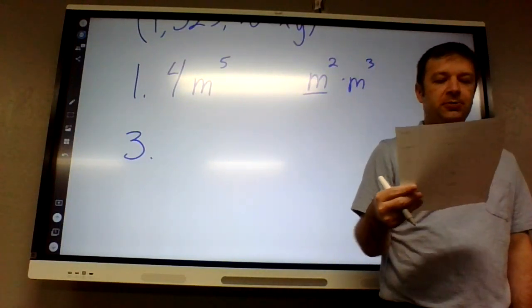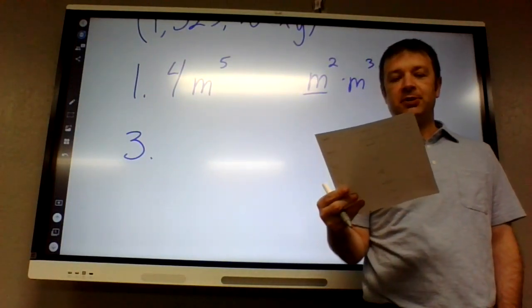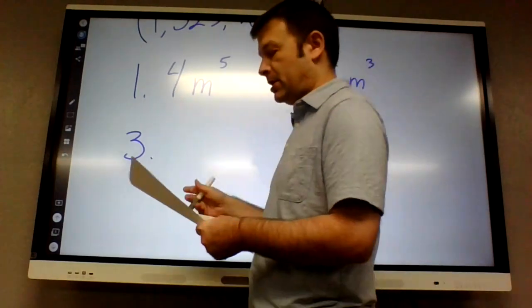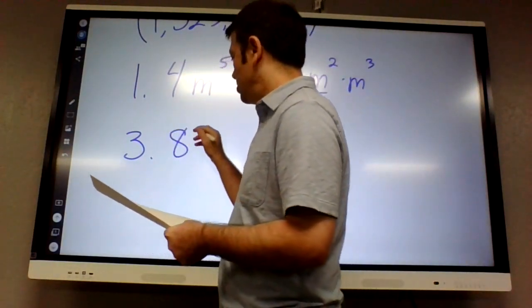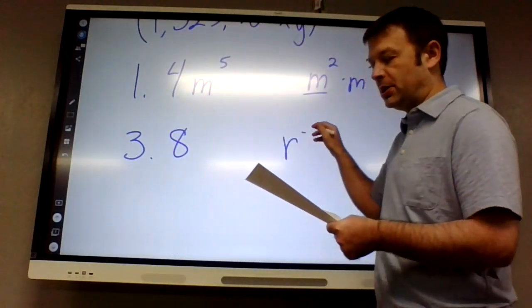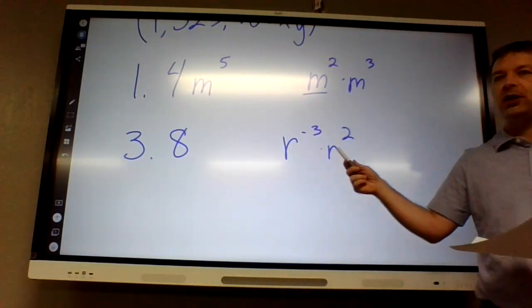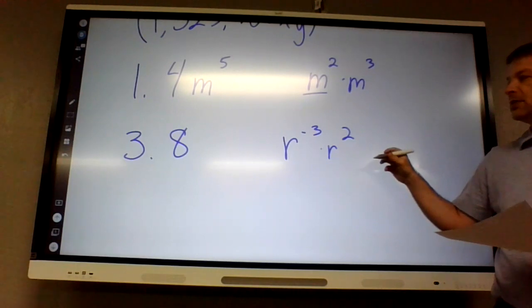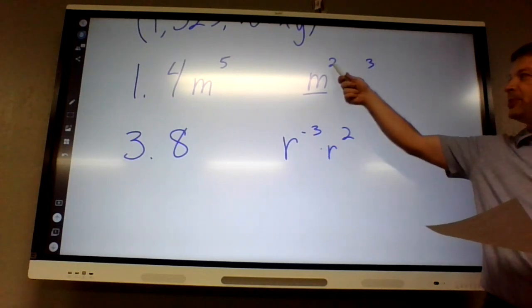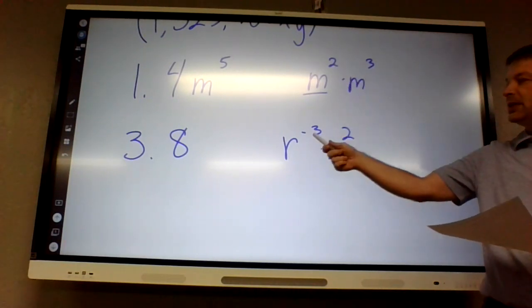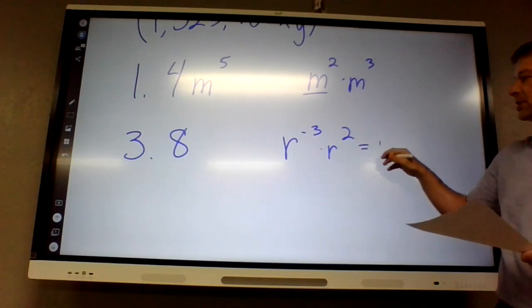Okay, so kind of same thing, what is 4 times 2? 8. And then what is r to the negative third times r squared? No. What do we do up here? Added. Negative 3 plus 2 is?